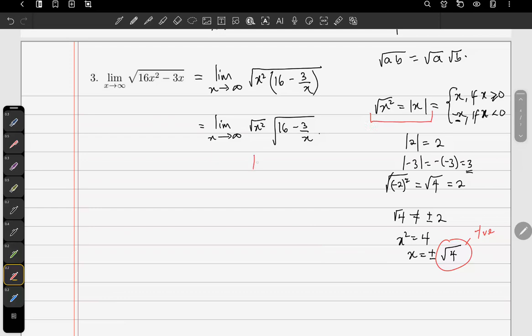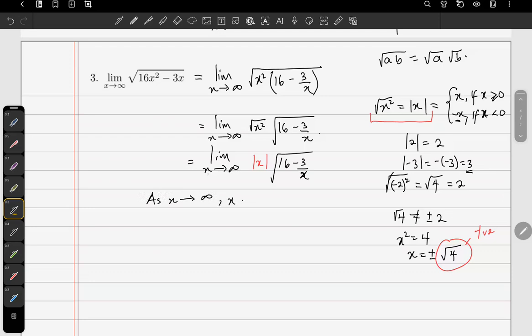So we say this is the absolute value of x, and this is the limit as x approaches infinity of the square root of 16 minus 3 over x. Because x is approaching infinity, the kind of numbers that we are going to have are positive.